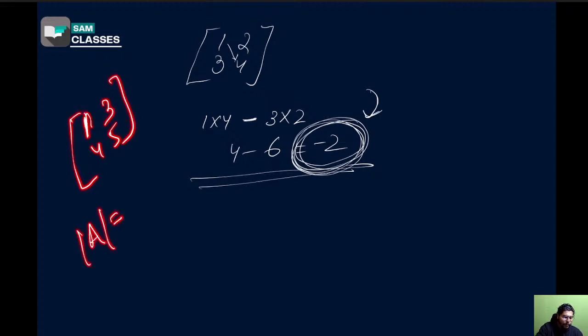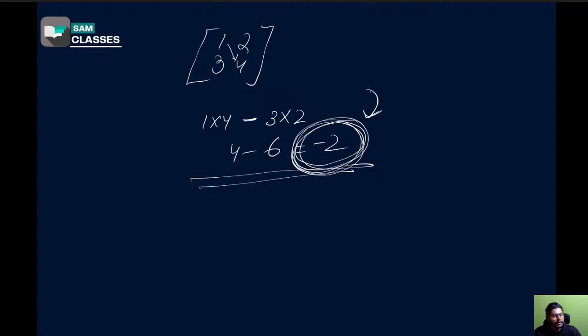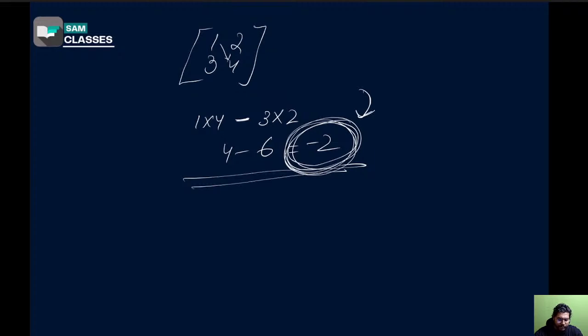Top to bottom we multiply, so 1 into 5, minus bottom to top, so 4 into 3. So 5 minus 12, how much, students? Minus 7. That's it. Clear? Very simple. Any doubt? Any difficulty? If all good, we'll go for the next part. So this was the determinant part.